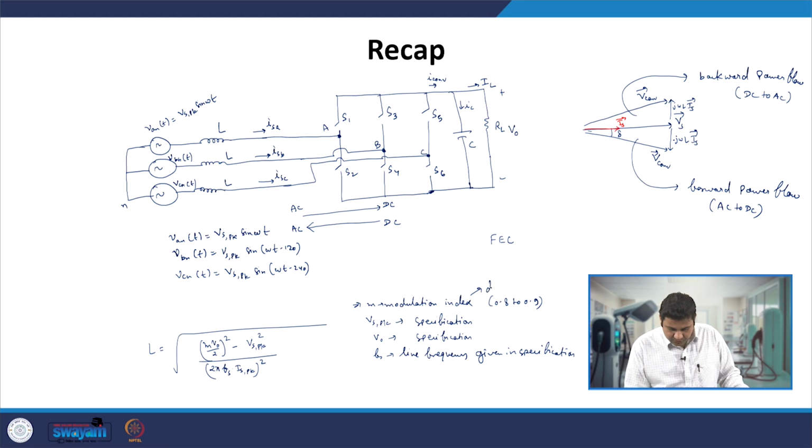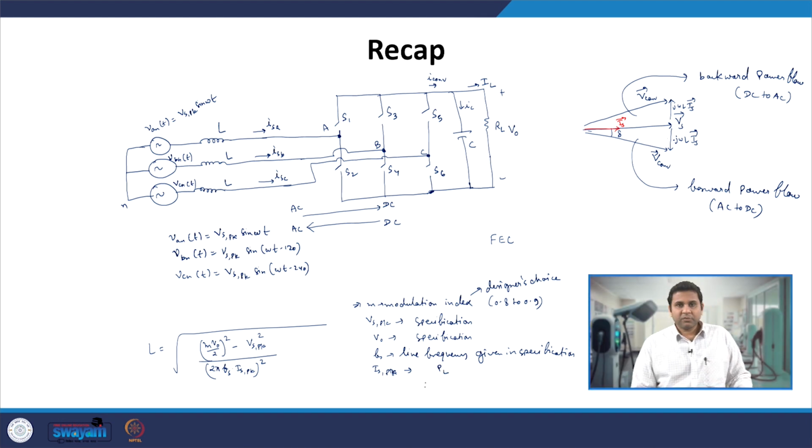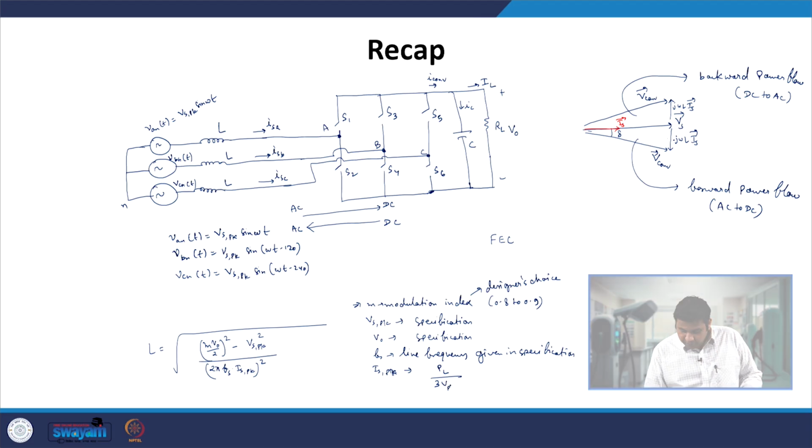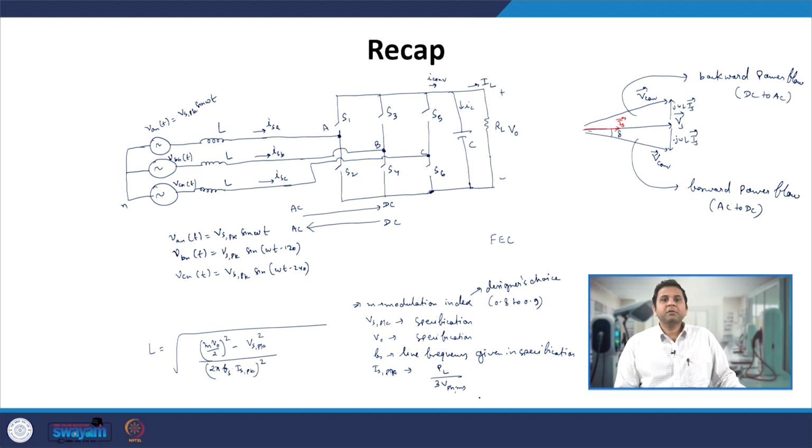It is a designer's choice. And then the IS peak you can easily predict from the specification table, because we know our load power. So we can say this is PL, and it is for the three phase, so divided by 3, that is per phase, and we have the V phase RMS, and this will give my current in the RMS value, multiplied by root 2.